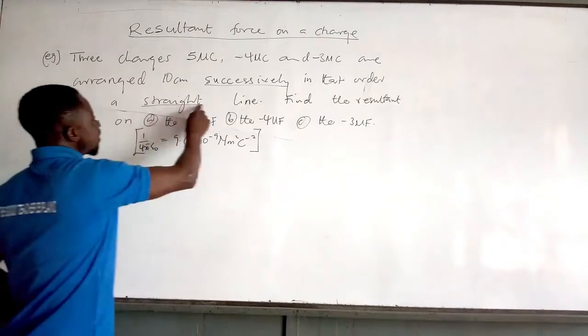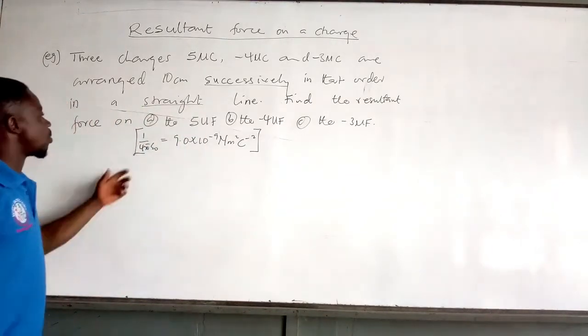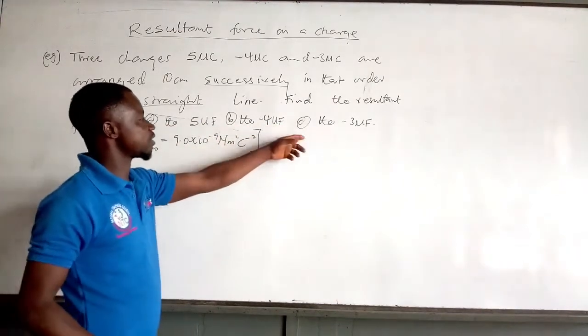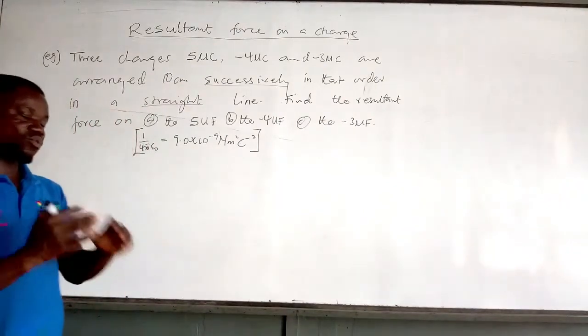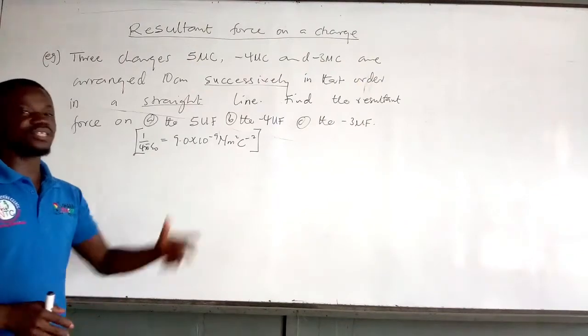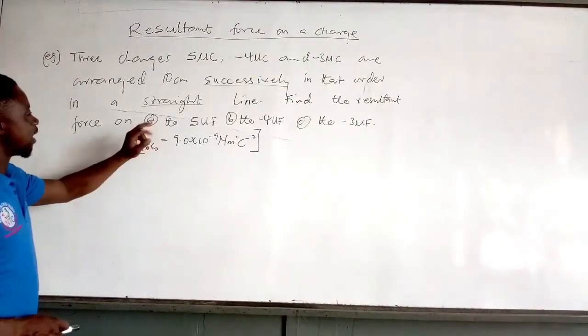In a straight line, that is also important. Find the resultant force on A, the 5 microcoulombs, B, the minus 4 microcoulombs, and C, the minus 3 microcoulombs. So what I'm going to do is deal with 2 of them, and then I'll leave the last one for you. So I'm going to do A.